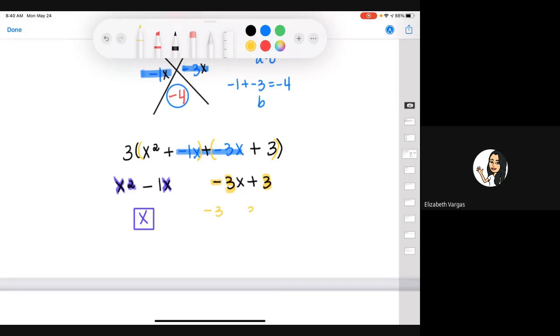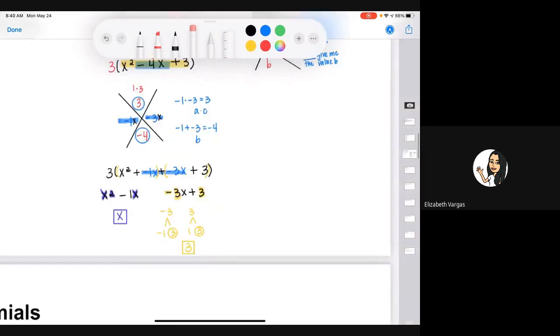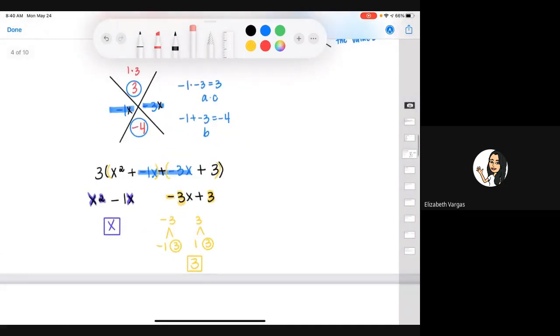So negative 3, 3, negative 1 and 3, 1 and 3. They share that 3 in common, so I'm factoring out a 3. I don't have two x's, so I only need to factor out a whole number. And so now I have the expression, the factor of x, and the factor of 3.